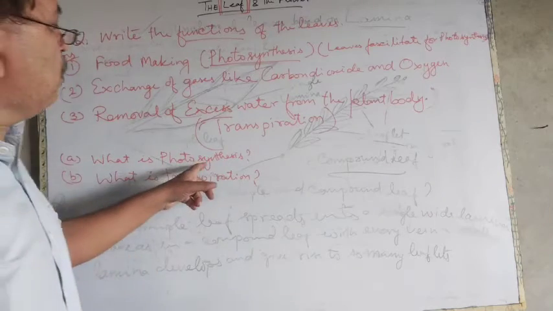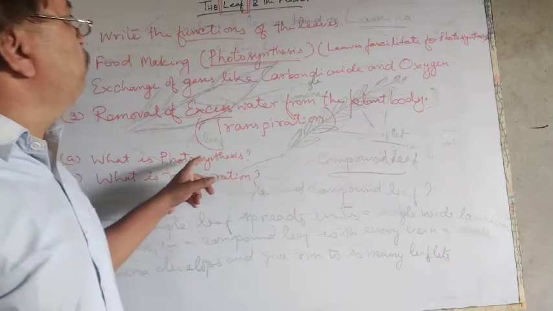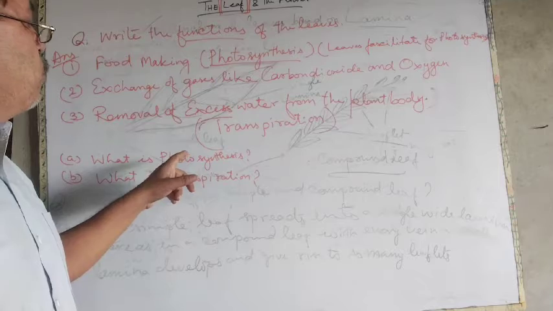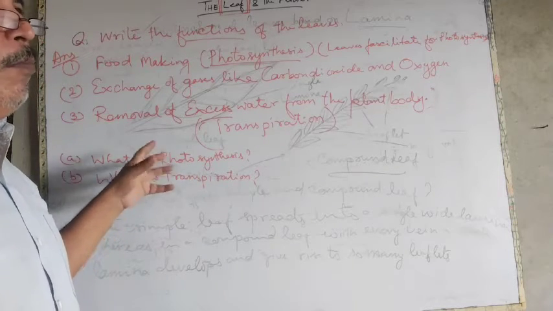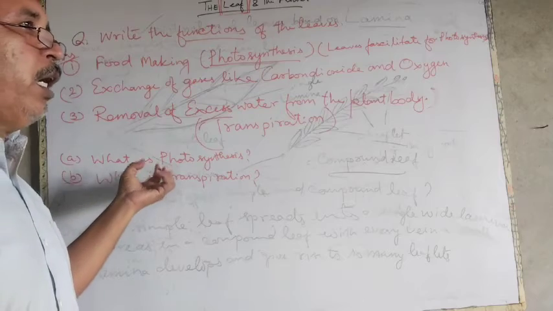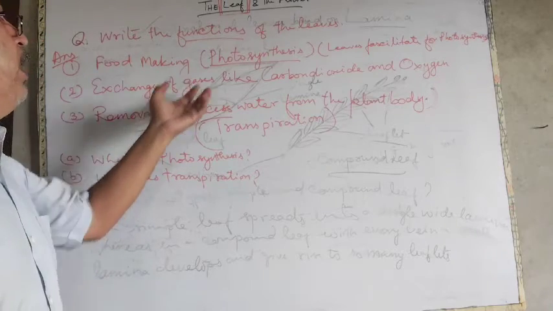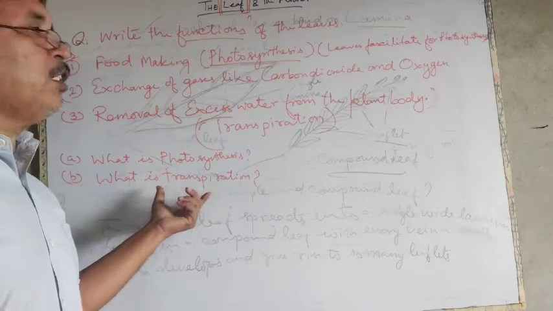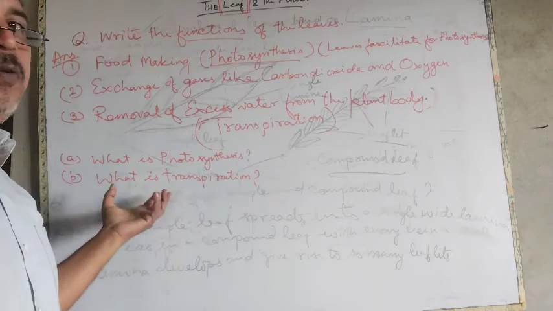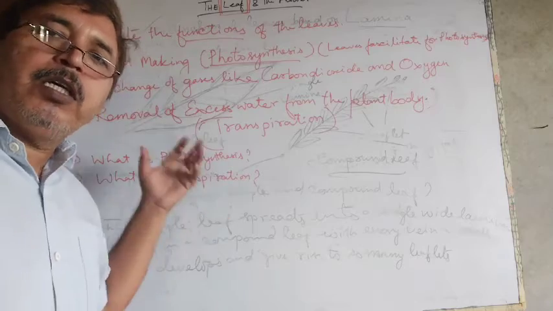So photosynthesis is the biochemical process of production of sugar inside the plant body by combining carbon dioxide and water with the help of sunlight inside the green leaf. And what is transpiration? It is the process of removal of excess water from the plant body.